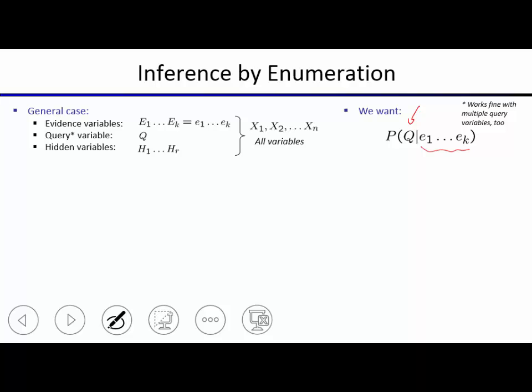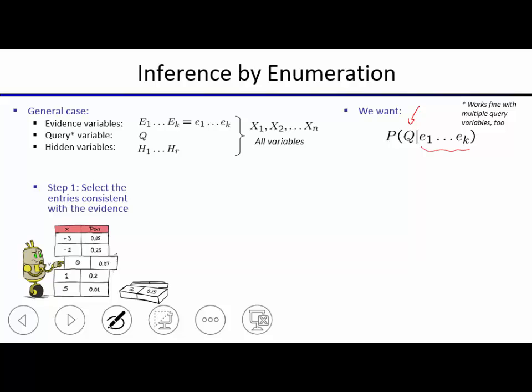So x1 through xn is all variables, but some variables are evidence variables. You get to observe them and you know their values. Some of them are query variables, which are the ones you care about knowing the probability for given the evidence. And then there are other variables that are just sitting there in your joint distribution and that are not in your query and not in your evidence. But they're there because the joint distribution you got had those additional variables. Those we call the hidden variables.